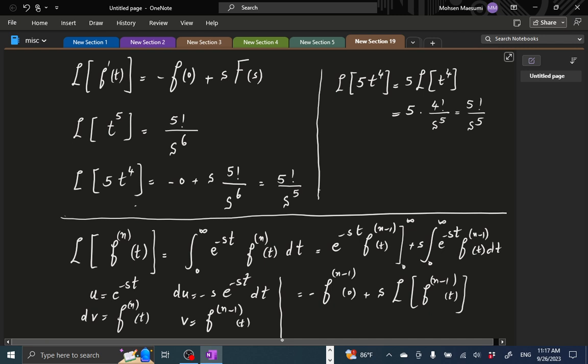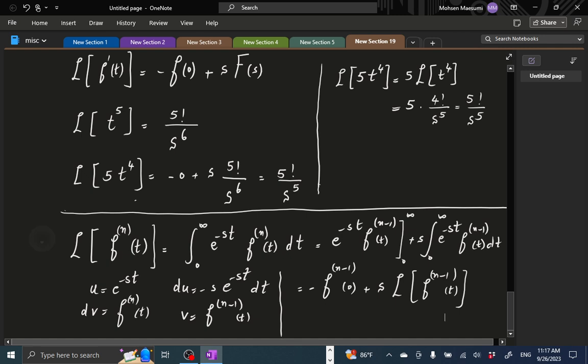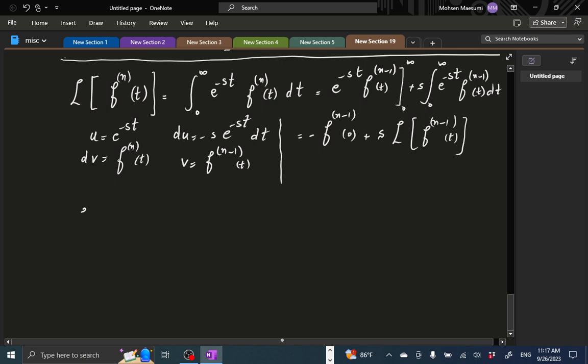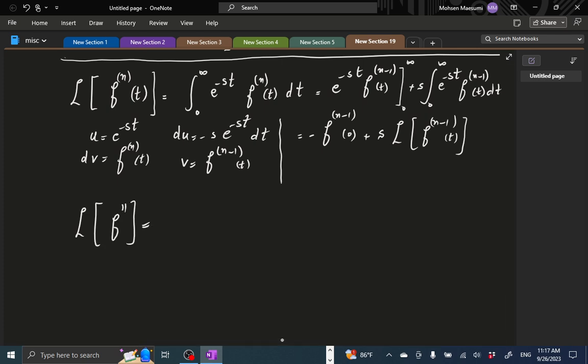So that is the plan. If you want to figure out, for example, a Laplace transform of the second derivative, something that we need in our calculation, what this says is that, first of all, subtract the initial value of the previous derivative, plus s times the Laplace transform of exactly that, f prime of t.